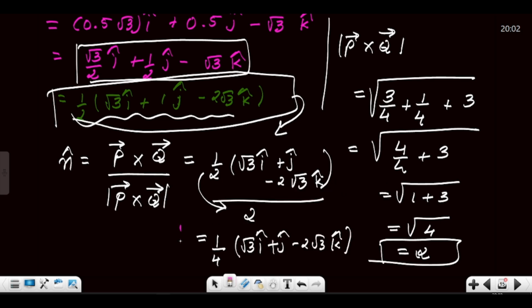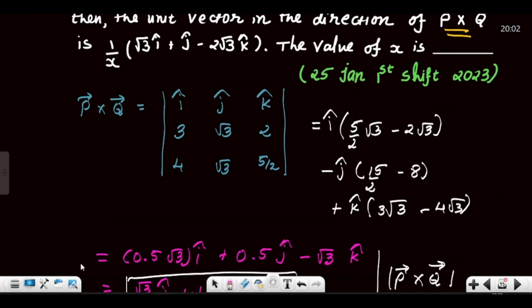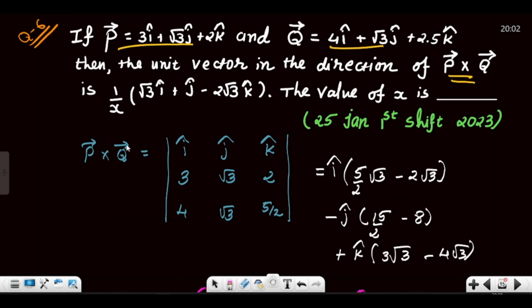Now we have to compare this with the standard equation which they have given. Compare this with 1 by x into root 3 i cap plus j cap minus 2 root 3 k cap.